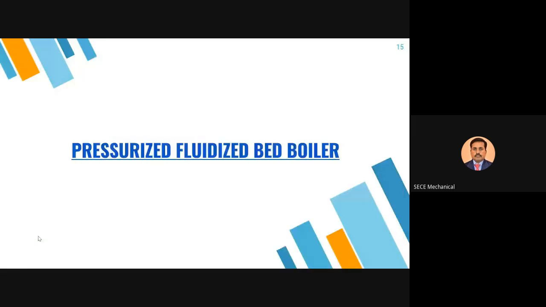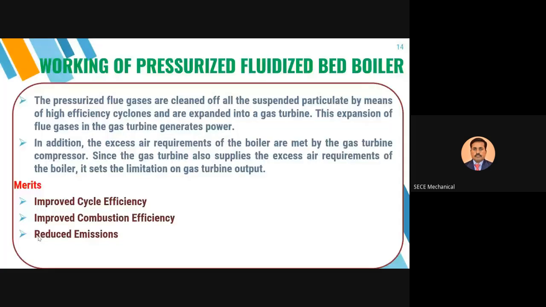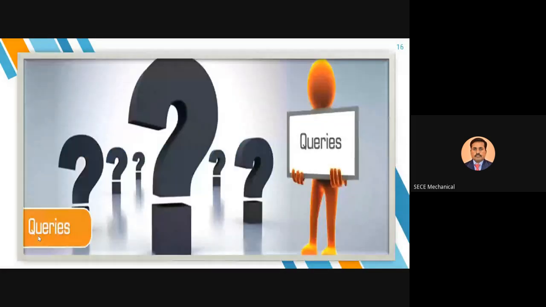So these are the three concepts we discussed today. The first is what is meant by a fluidized bed boiler and what the different types of fluidized bed boiler are. The first one is the fluidized bed boiler, the second is the circulating fluid bed boiler, and the third is the pressurized fluid bed boiler.